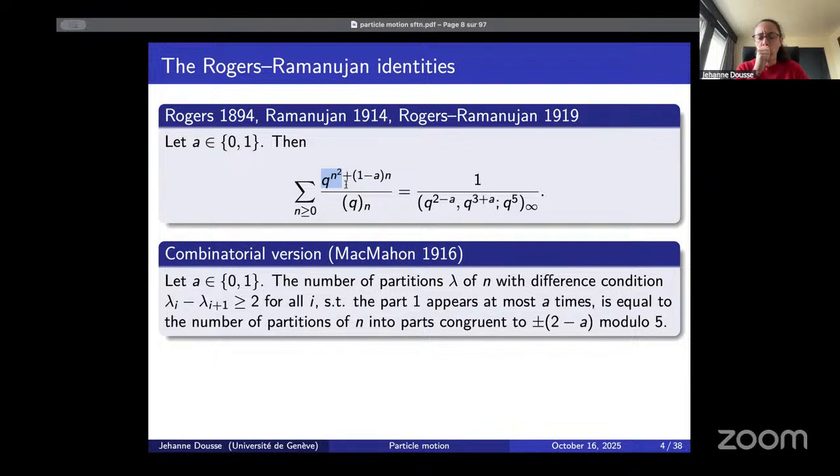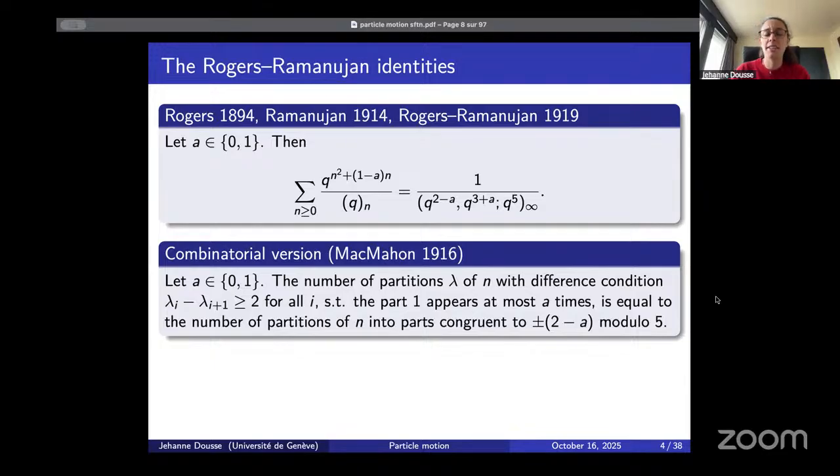And so this has difference exactly 2. And to this, you will add some partition into at most n parts, which is generated by the denominator. So you get partitions with difference at least 2 after you do this. And here the a will decide whether the part 1 can appear or not. So you have two cases.